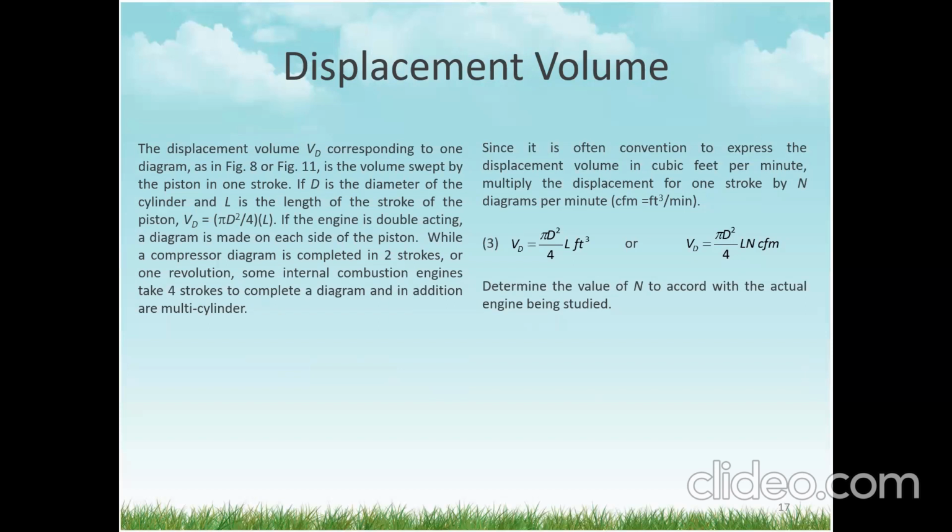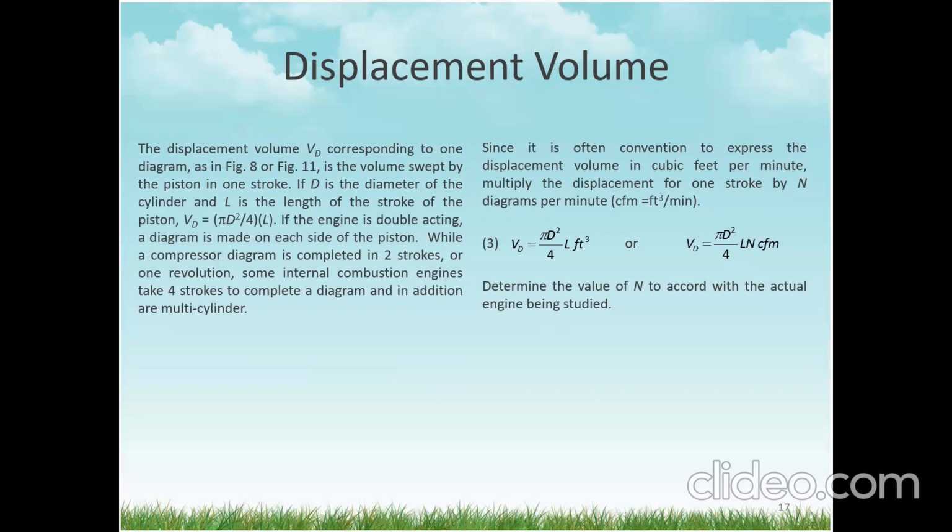If the engine is double acting, your cylinder has a piston with a connecting rod on one side and none on the other, but both sides have fluid, exerting force alternately on opposite sides. So if the engine is double acting, a diagram is made on each side of the piston.